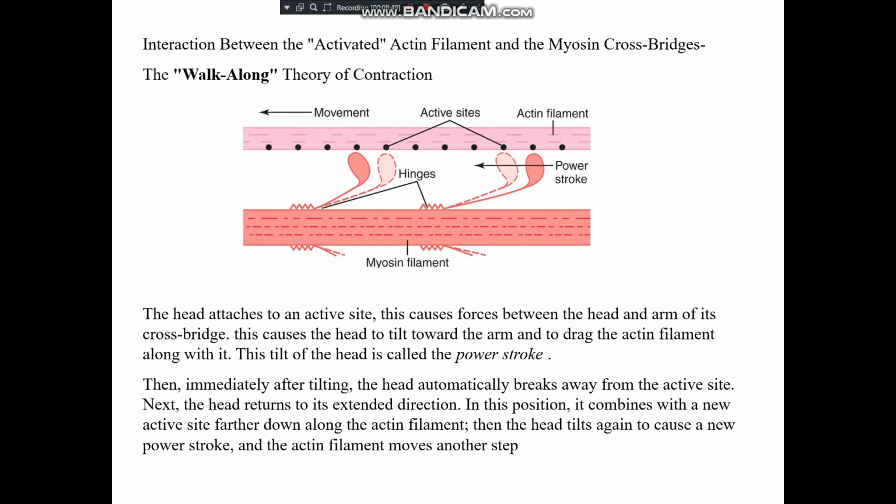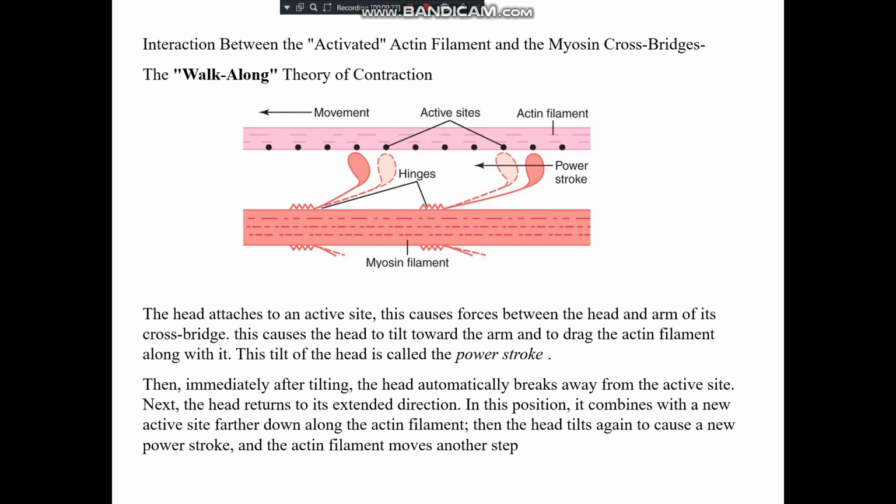Then immediately after tilting, the head automatically breaks away from the active site and returns to the extended direction like this again, and attaches with a new active site. Again it tilts, detaches, extends the head, attaches to another active site, tilts, and a power stroke is created.